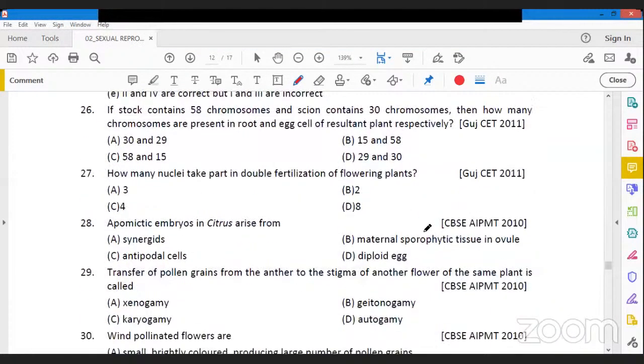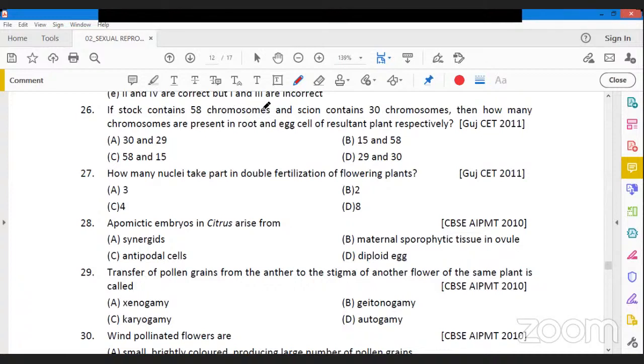So the 26th. If the stock contains 58 chromosomes and the scion contains 30 chromosomes, how many chromosomes are present in the root and egg cell of the resultant plant respectively? Here grafting is done. Stock is the part inside the soil that gives the root.